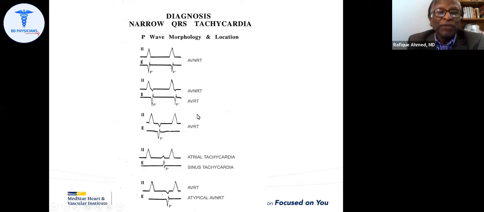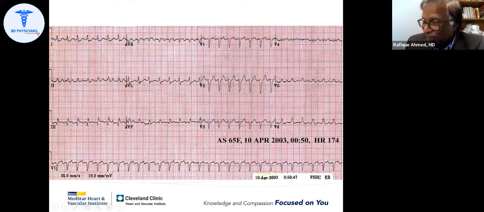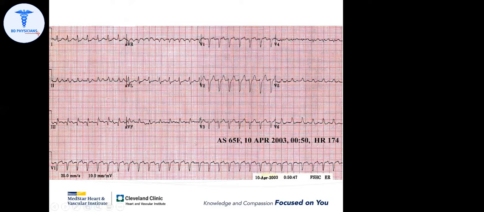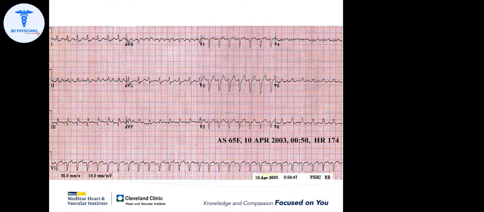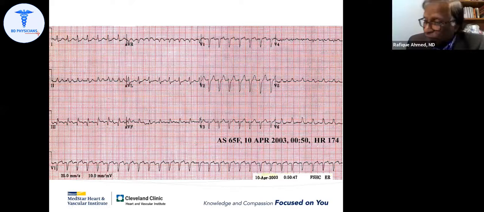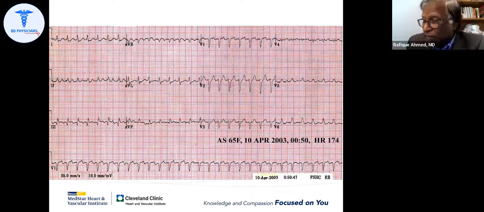So look at it, it is a kind of biphasic P wave. So what is your diagnosis? Atrial tachycardia? Yes, sir. And what is your differential diagnosis? AVRT and AVNRT, right?